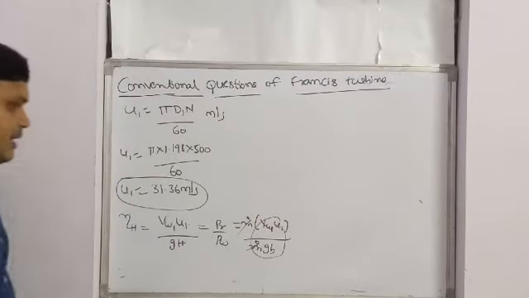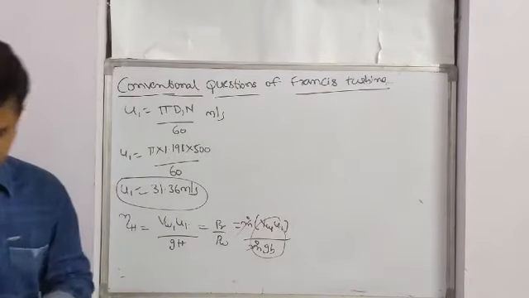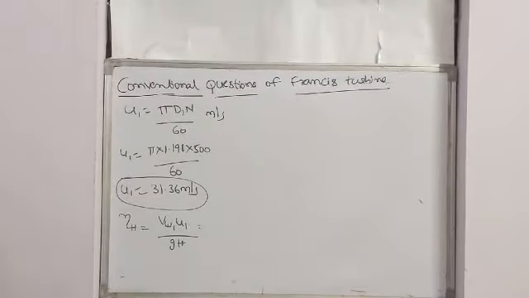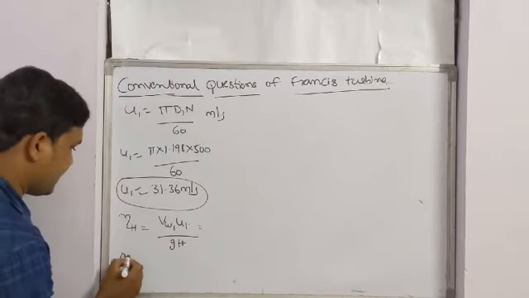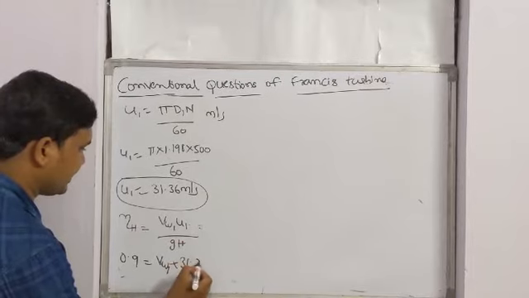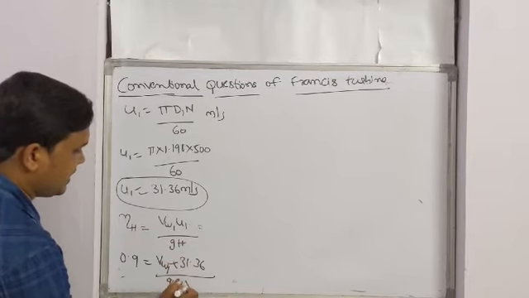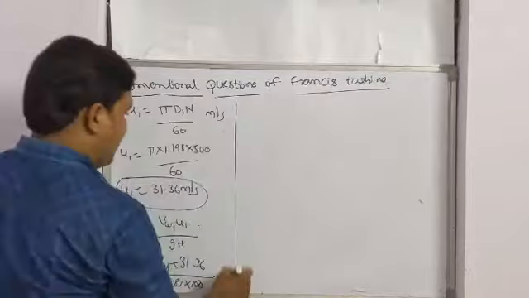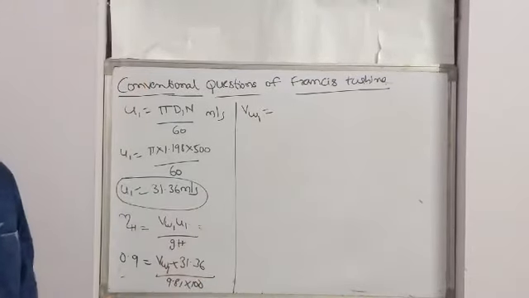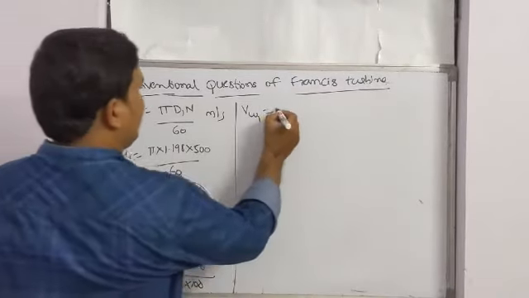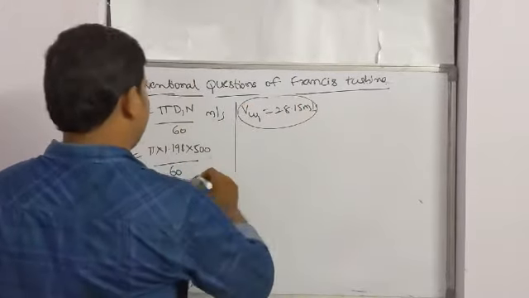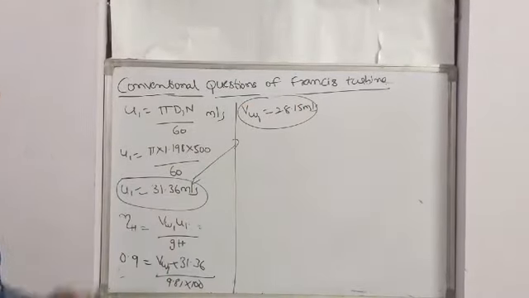This is VW1 U1 by G H, the hydraulic efficiency. Hydraulic efficiency is given in the problem as 0.9, U1 is 31.36, G is 9.81, H is given as 100. Then substituting, VW1 we got as 28.15 meters per second. Again comparing, U1 is greater than VW1.